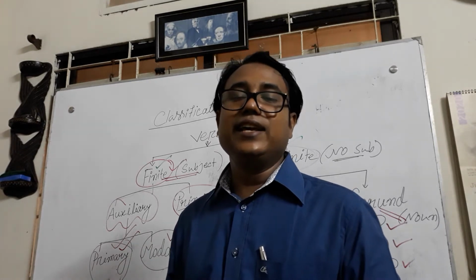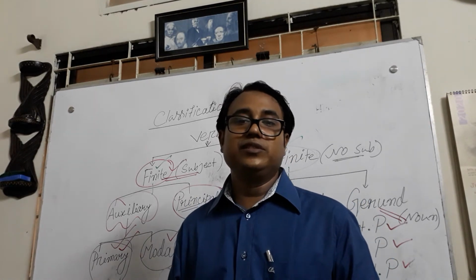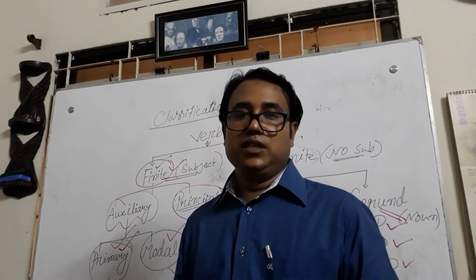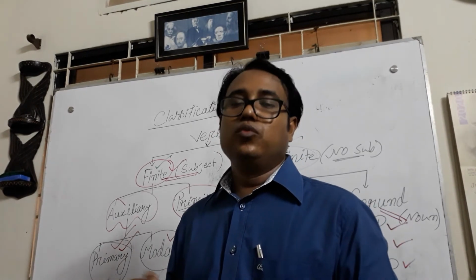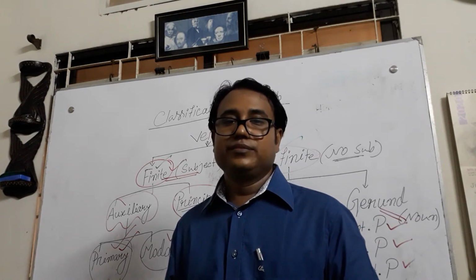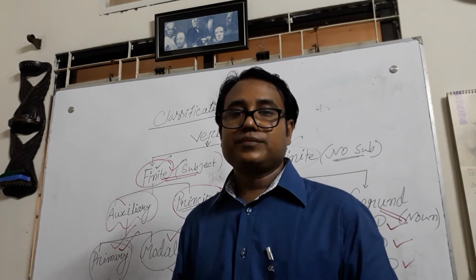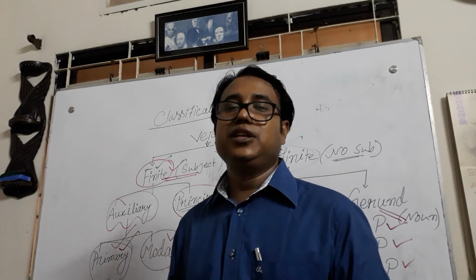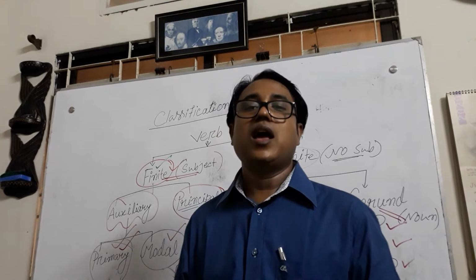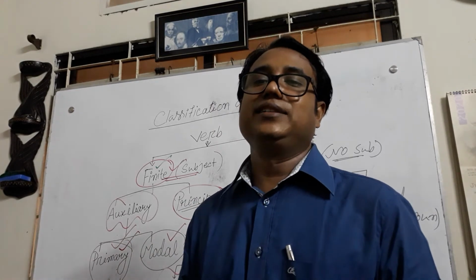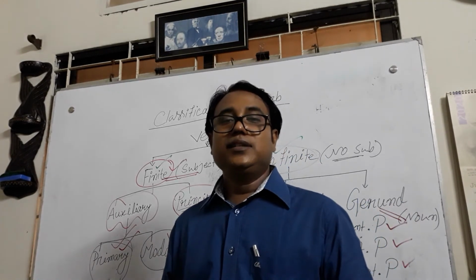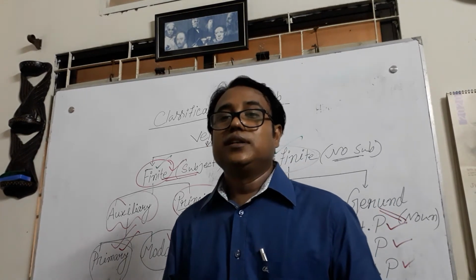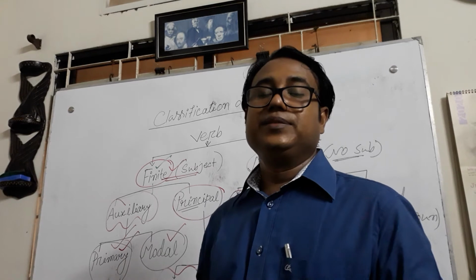In detail, be verb is like am, is, are, was, were, and do verb: do, does, did; have verb: have, has, had. Dear learners, I hope you understood the primary auxiliaries.